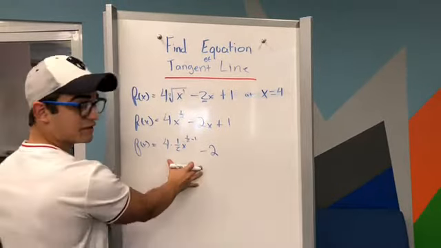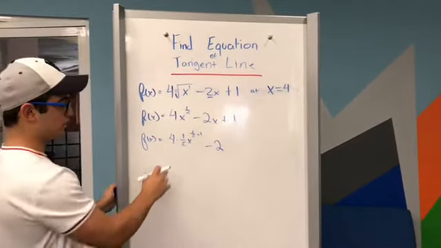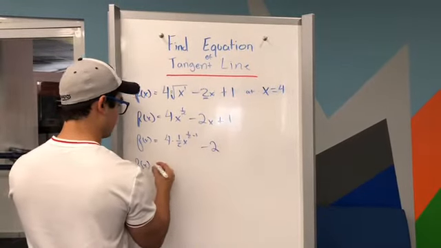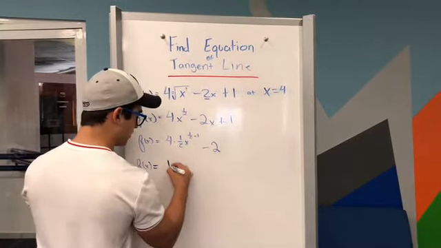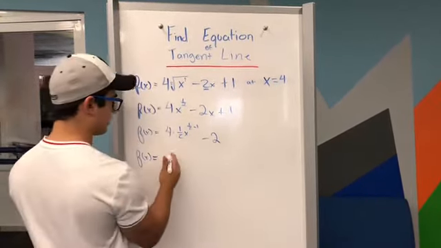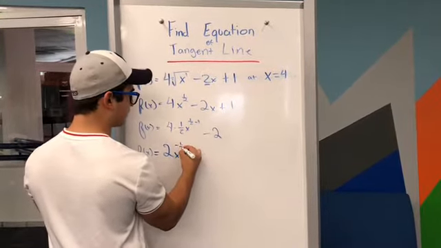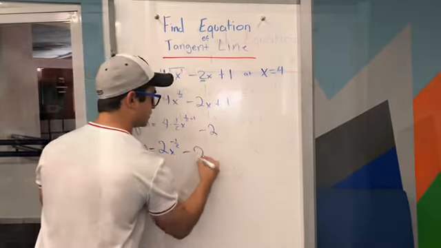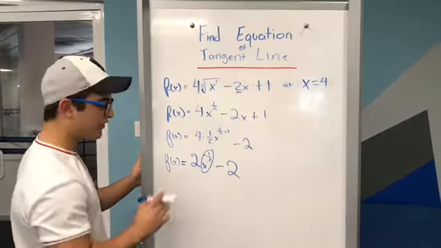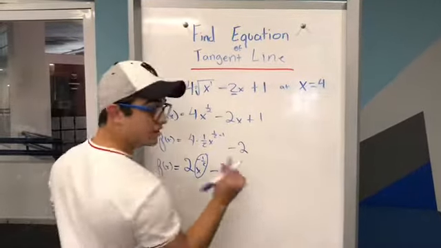Now, once we have this, we will multiply the 4 and the 1/2, which is 2, because 4 times 1/2 is 2, x to the minus 1/2 minus 2. What are we gonna do next? As this exponent is a negative number, you cannot have a negative exponent. What are we gonna do? We're gonna take it down to the denominator.